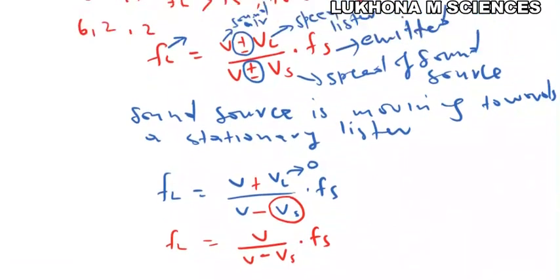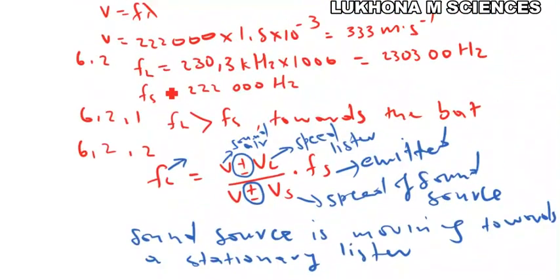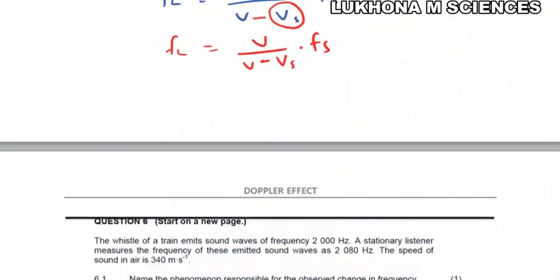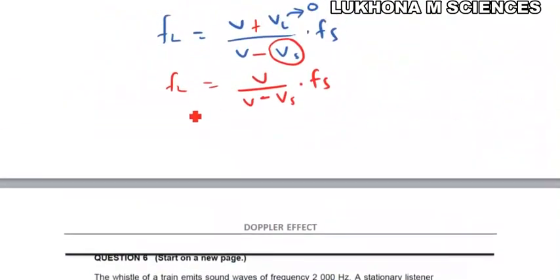We have the frequency heard by the listener, which is 330,3 kilohertz. Then I convert to this value. Let's substitute. So we have 310, it's 230.